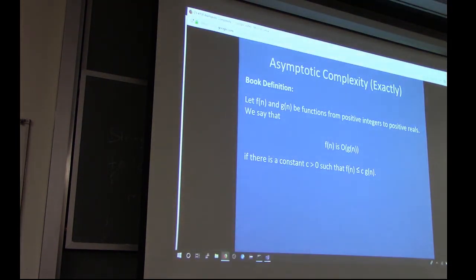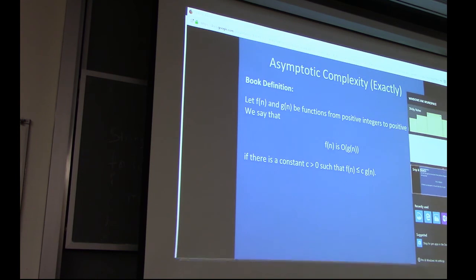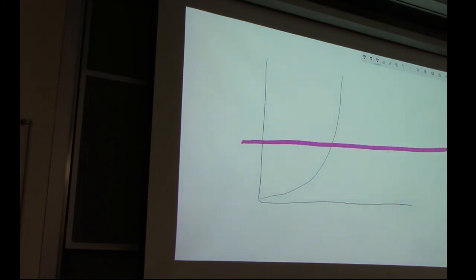Okay, so I said I encourage you to think about that graphically, so let's do that. Let's draw a graph here. And let's suppose we have a function like n squared. Looks like that. Well, maybe too steep. And suppose you have another function that's like a constant.